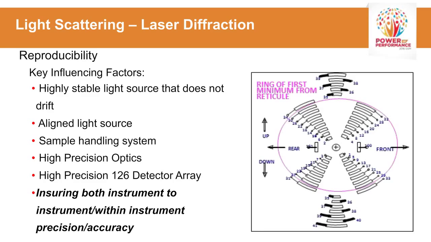The instrument will automatically do this periodically, so the operator doesn't have to remember when to do it. This will ensure very accurate, very precise results from instrument to instrument. So if you're comparing one plant to another, you should be getting the same results. Also within the same instrument, precision and accuracy is improved by this basic design.